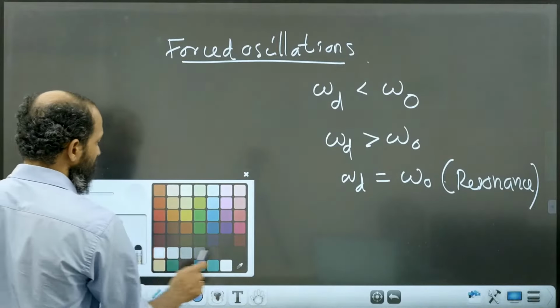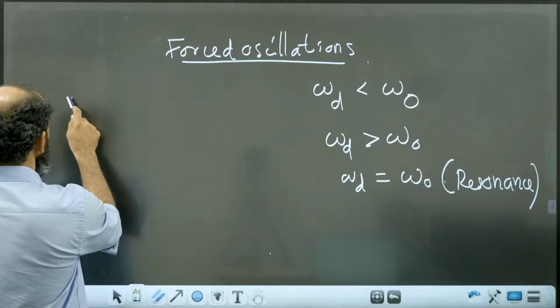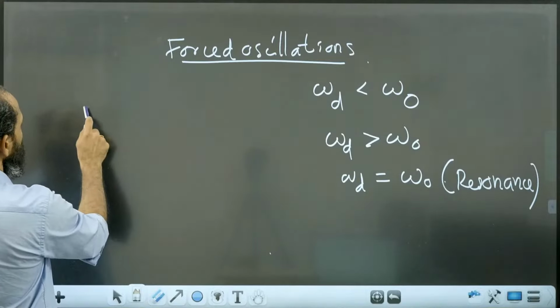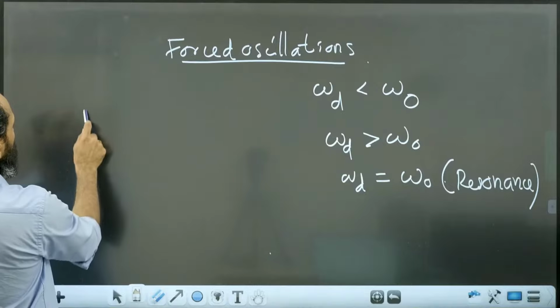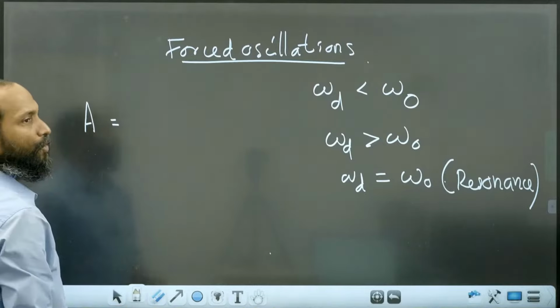There is a popular equation for studying this. That equation is used for finding the amplitude of forced oscillations.